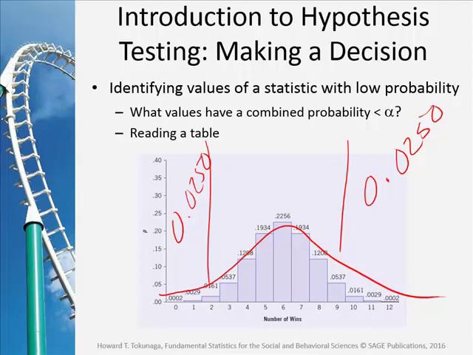Because area is also the percent, and it's also the, starts with P, probability. And I want 5% of my probability. I put it in the tails. Split it in half.